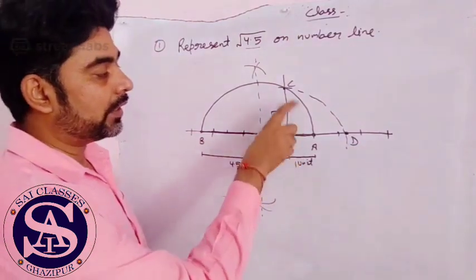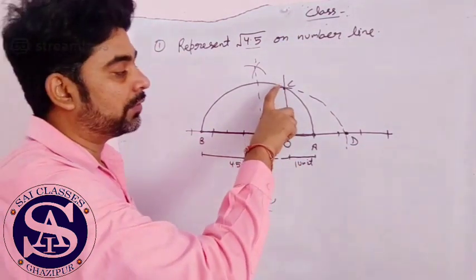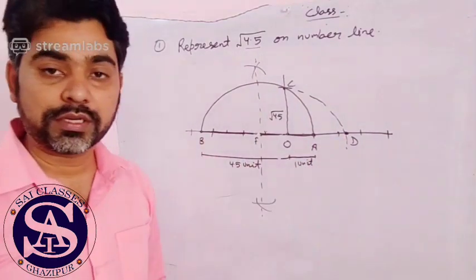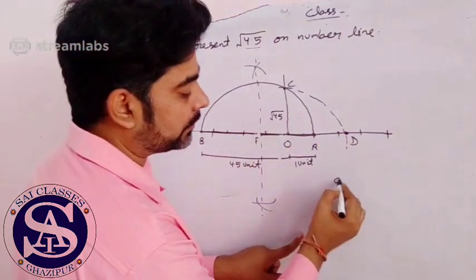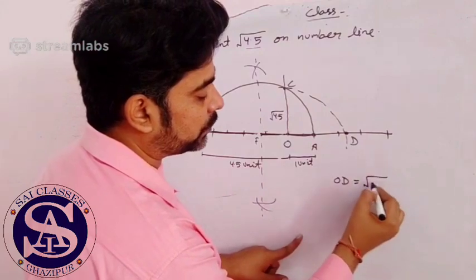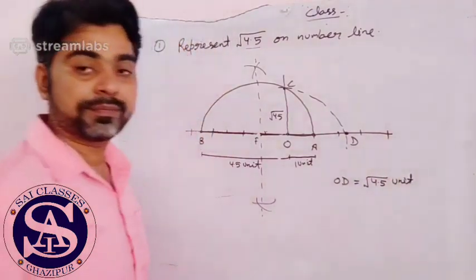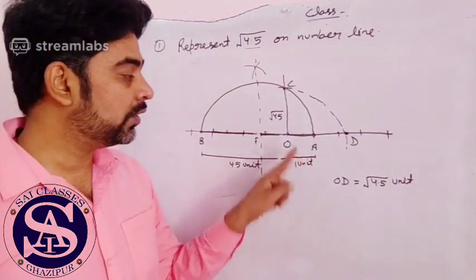Taking O as center and OC as radius, we will draw an arc which cuts the number line at point D. This OD is square root 4.5 unit.